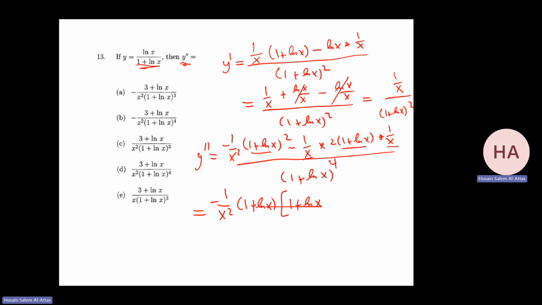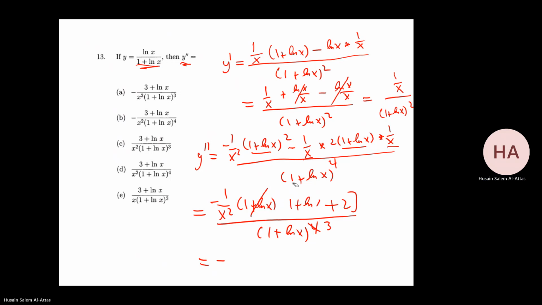This is there, plus 2 over 1 plus ln x to the power 4. This is cancelled, remaining 3. So it's minus, and the numerator 3 plus ln x. Here I have 1. Oh, don't forget the x squared.